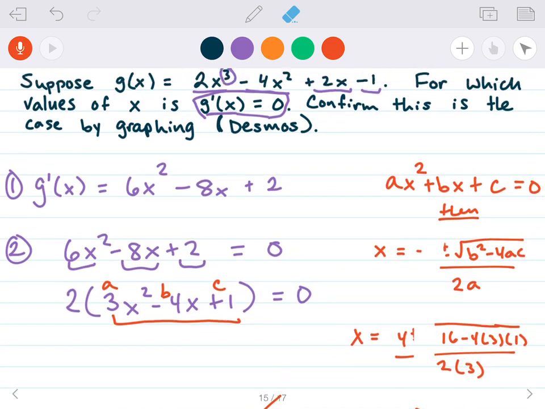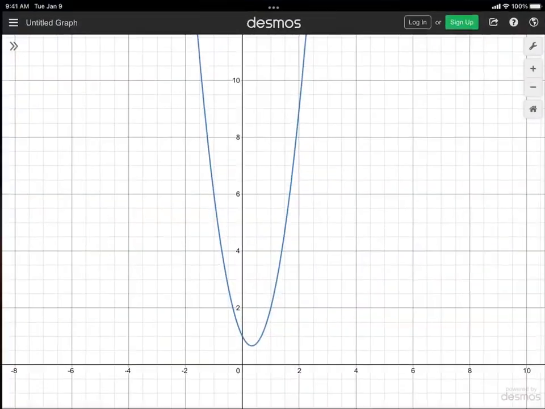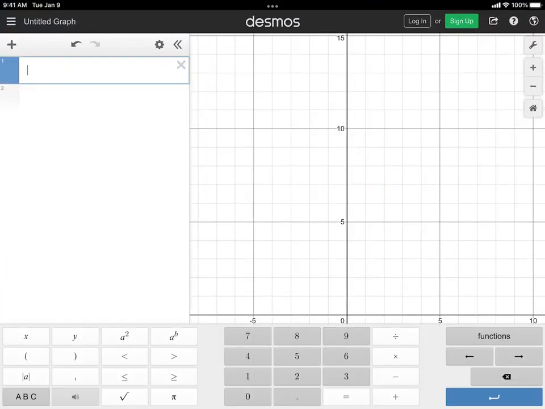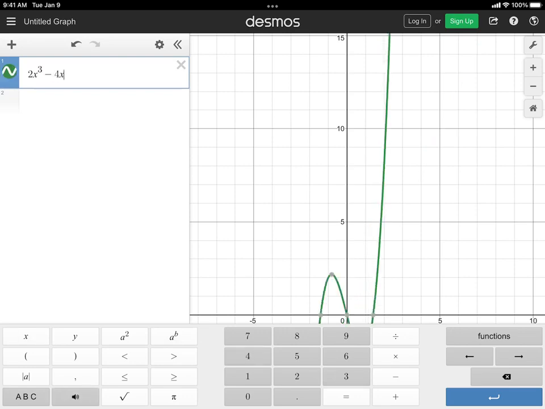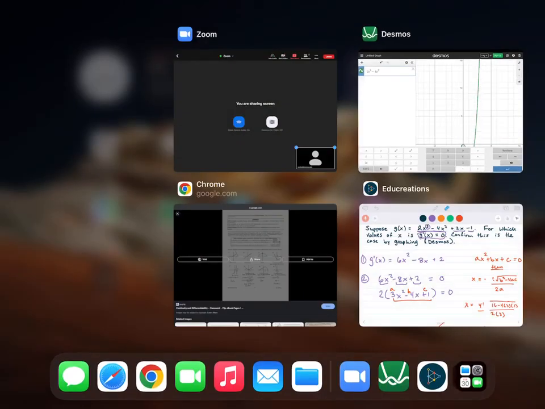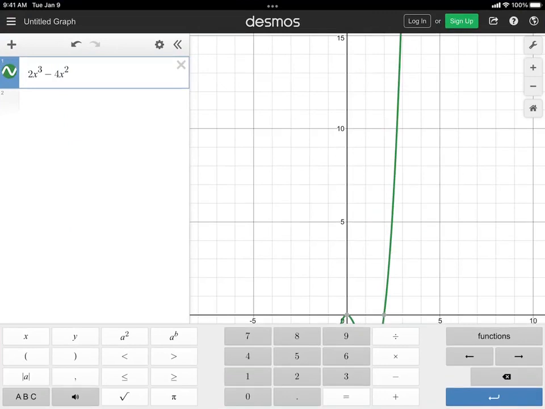So let me write this down. Let's see, 2x to the third minus 4x squared plus 2x minus 1.